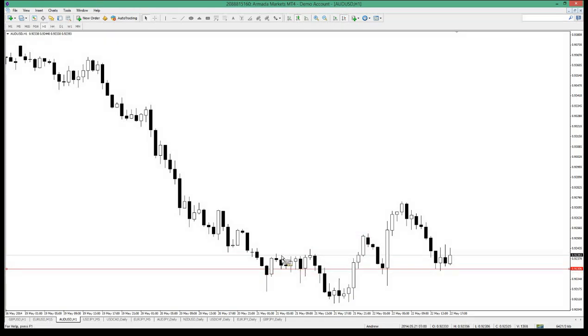You see how we have this big range? Price closes below the range. It wicks back to find resistance inside the base before we take a leg down. Okay, make sense, guys?